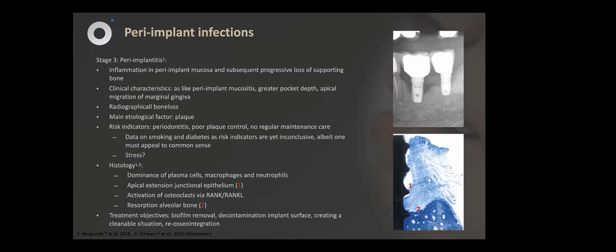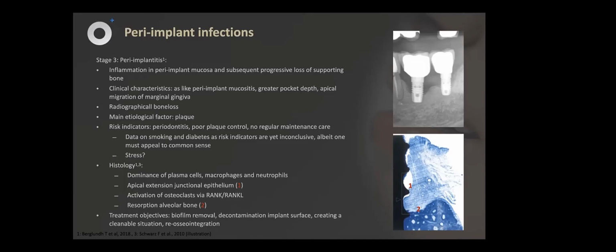So if we look at peri-implantitis, we look at the mucosa and subsequent progressive loss of supporting bone, in comparison with peri-implant mucositis. The clinical characteristics are like mucositis, but with greater pocket depth and apical migration of the marginal gingiva, as we all know.